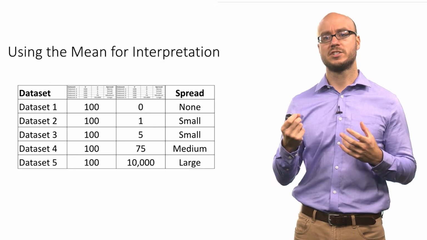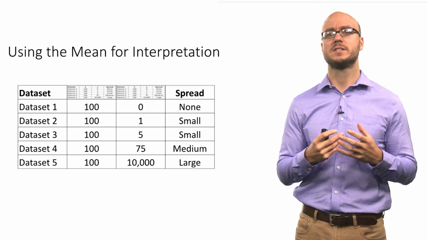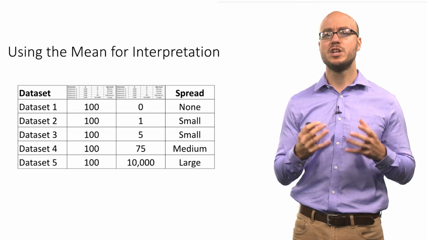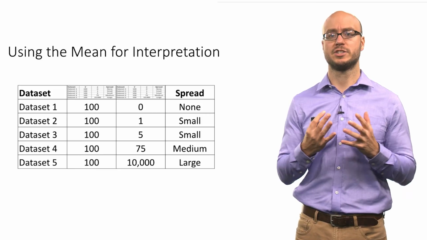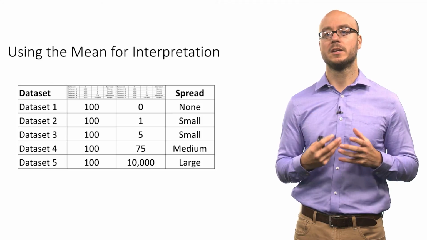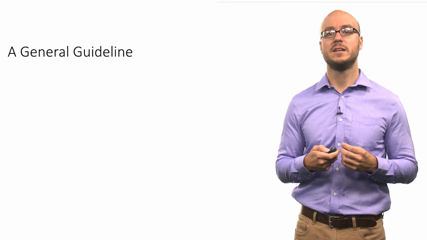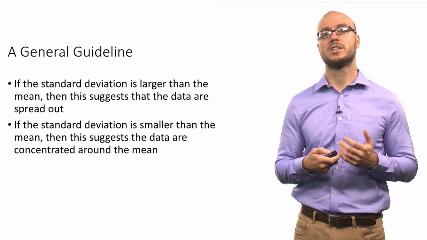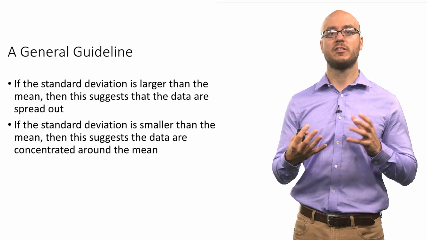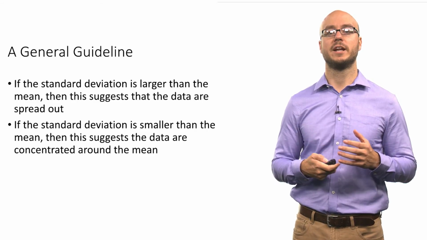If the sample standard deviation is pretty small relative to the sample mean, then you can say that there's none or a very small amount of variation, meaning a lot of the observations are concentrated around the sample mean. So we can use the mean to help us interpret the standard deviation. In general, if the standard deviation is larger than the mean, this suggests the data are spread out. If the standard deviation is smaller than the mean, this suggests the data are really concentrated around the mean.